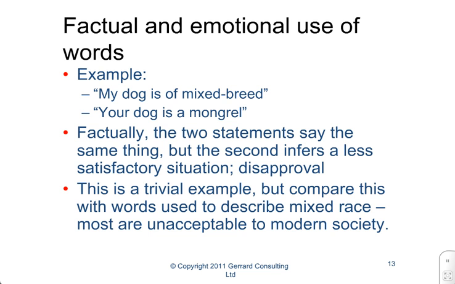I found the best way of doing this, and I've done this in workshops where we've had a lot more time, is to take newspaper editorials or newspaper headlines. The Daily Mail, for those of you who are familiar with it, is a really good example. It has lots and lots of examples every day of emotional language.